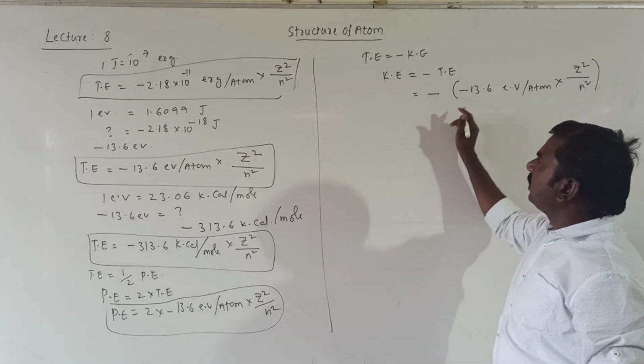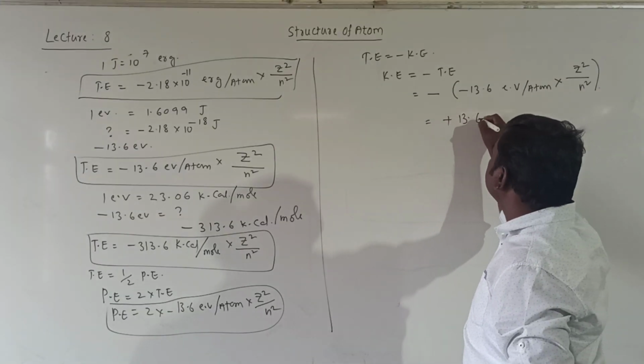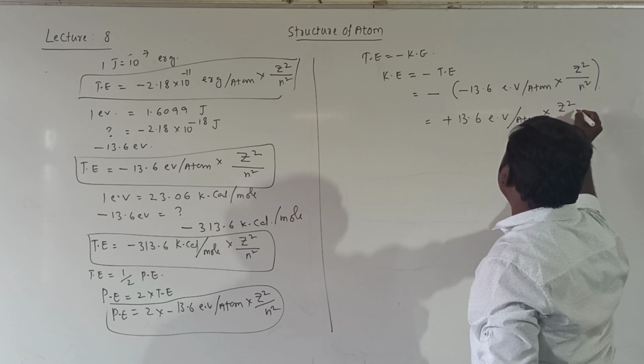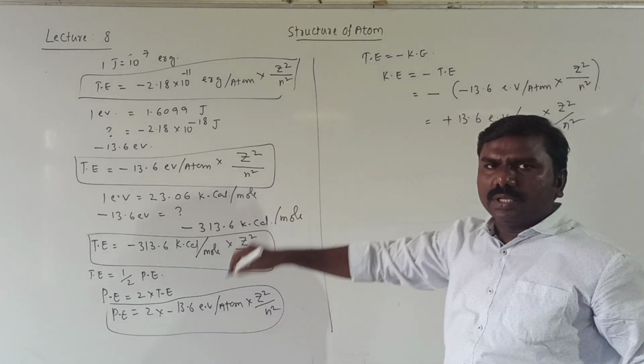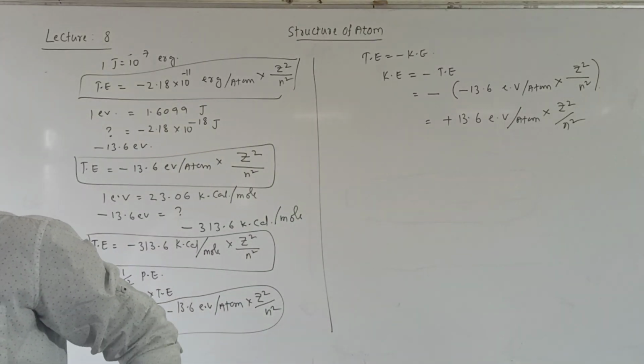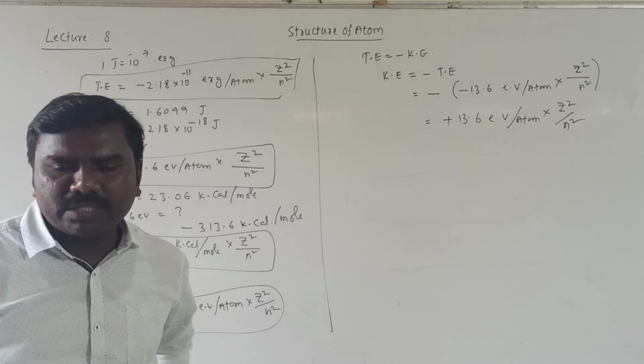Clear? Minus into minus gives plus 13.6 electron volt per atom into Z square by n square. Clear? It is very tricky and very important. Kilojoules per mole also you can consider.